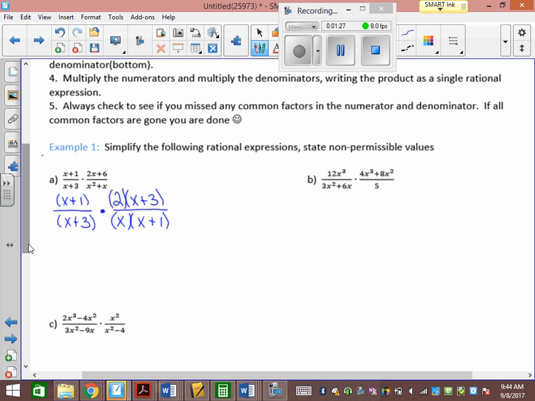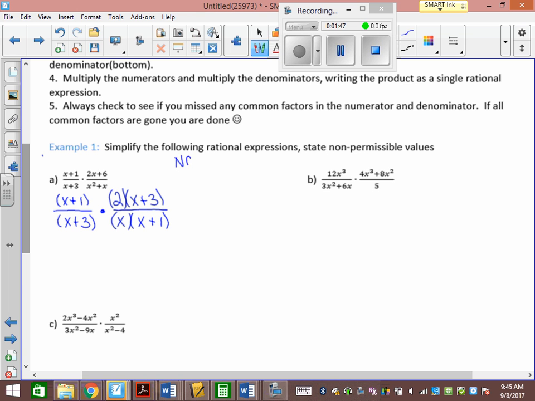So first step was make GCF or difference of squares, all the numerators and denominators. Same thing as simplifying, right? Second step, before I go to cancel anything off, I have to state NPVs. In this case, I just usually have more because I have 2 denominators instead of 1. So I have to do x plus 3, x, and x plus 1.